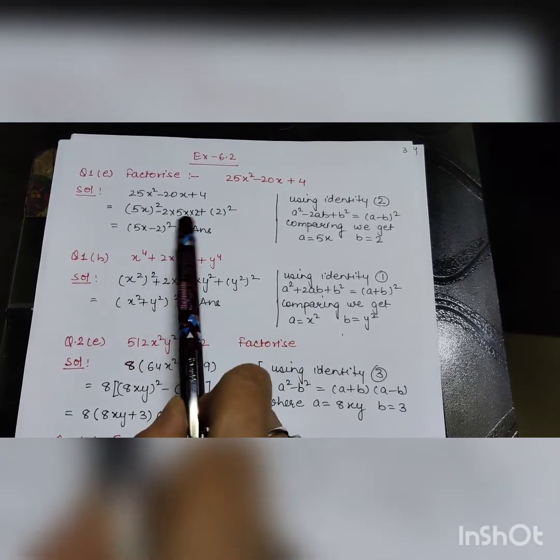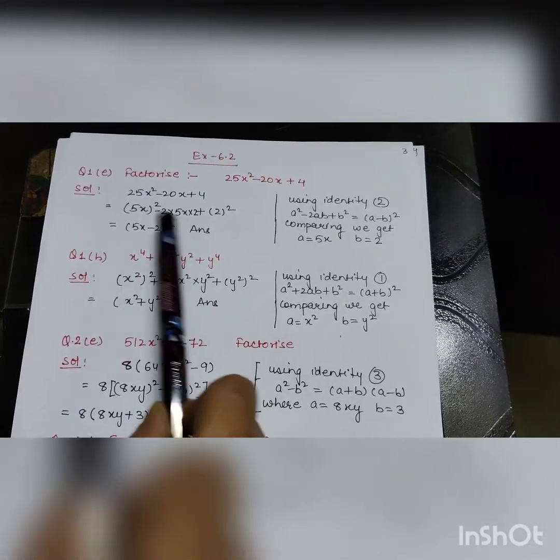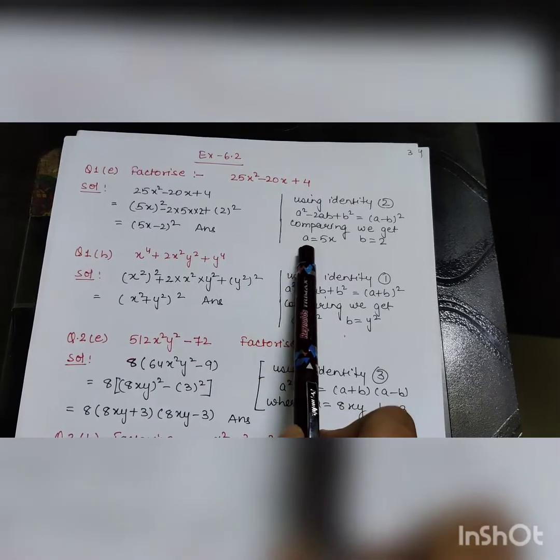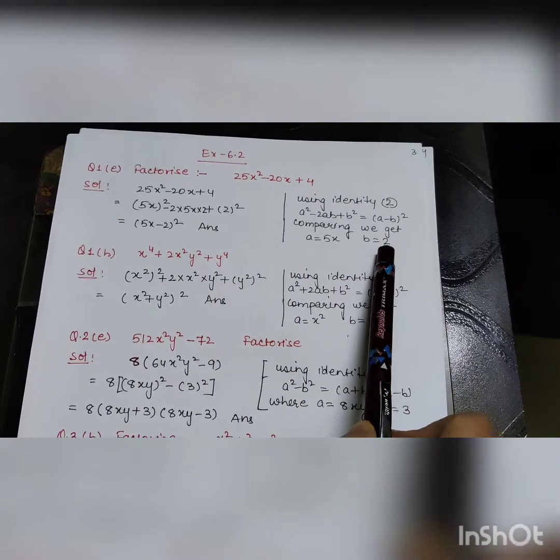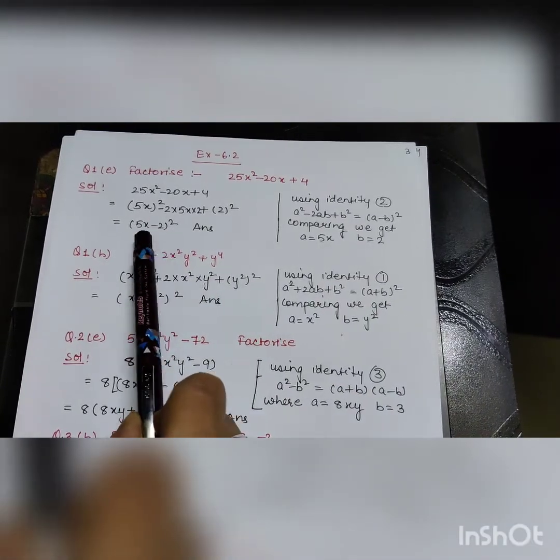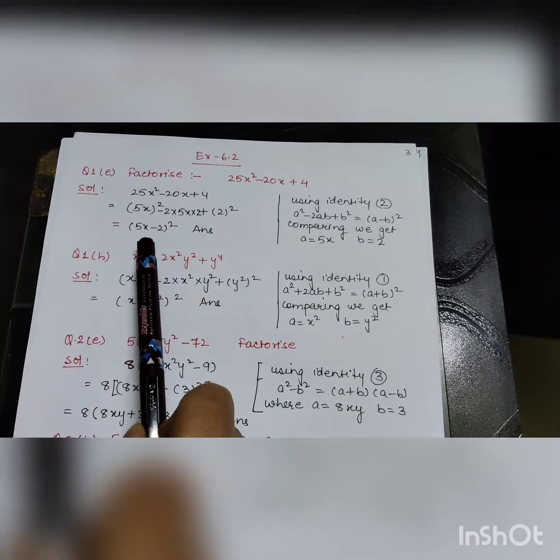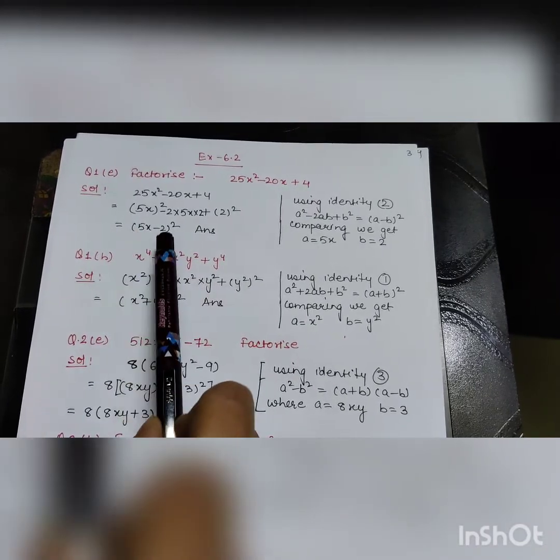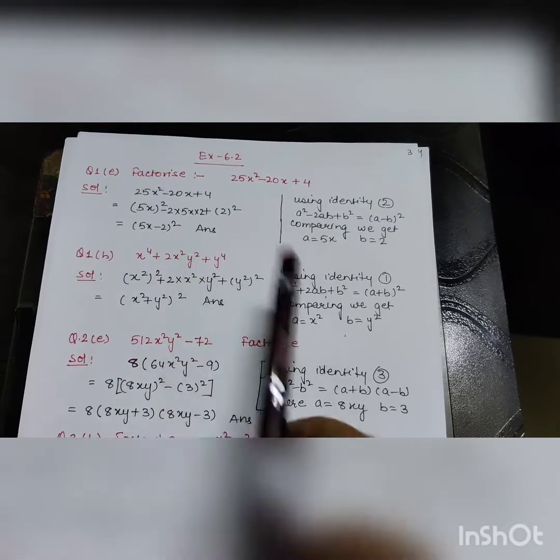So 2 into 5x into 2. This can be written like this. And you can see here after comparing that a is equal to 5x and b is equal to 2. So this is a minus b whole square, where a is 5x and b is 2. So 5x minus 2 whole square.